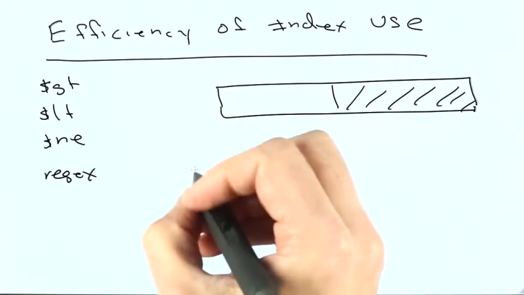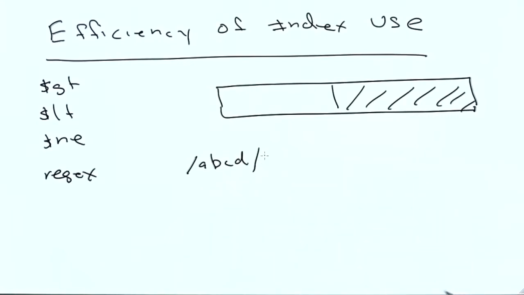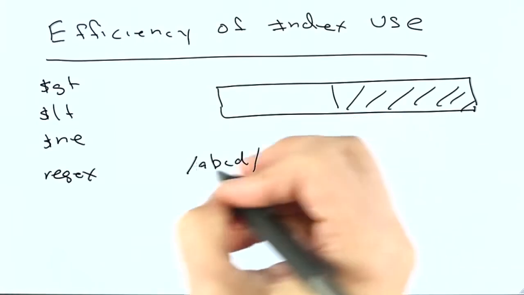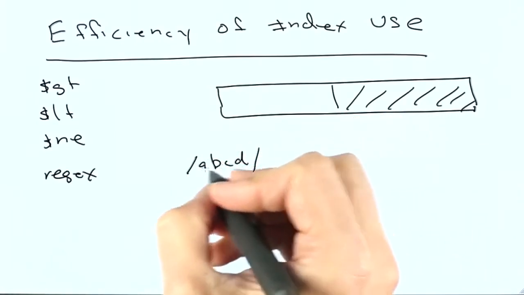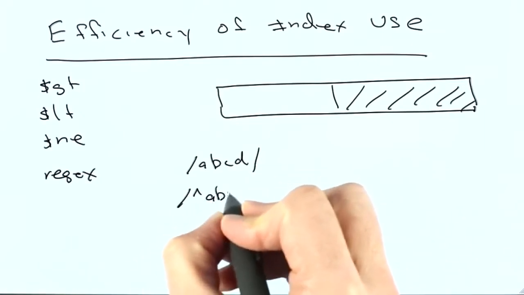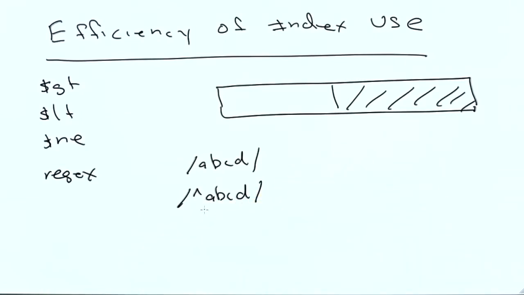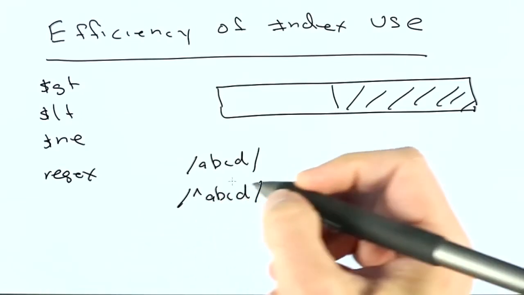So if you say I want to search for A, B, C, D, that really can't use the index because it needs to go through. We don't have a way to do that full text search. If on the other hand you say stem it A, B, C, D on the leftmost part of the string, then it can use it and it will use it.